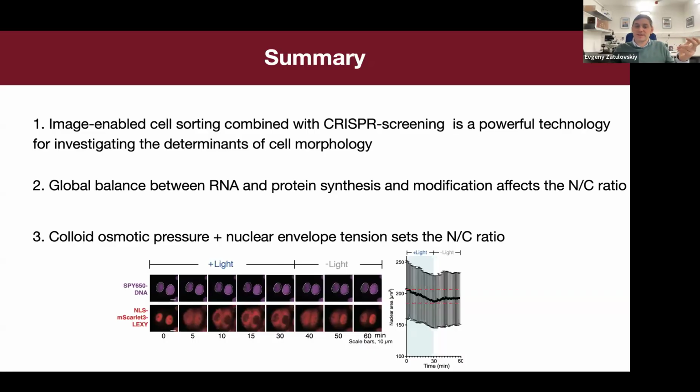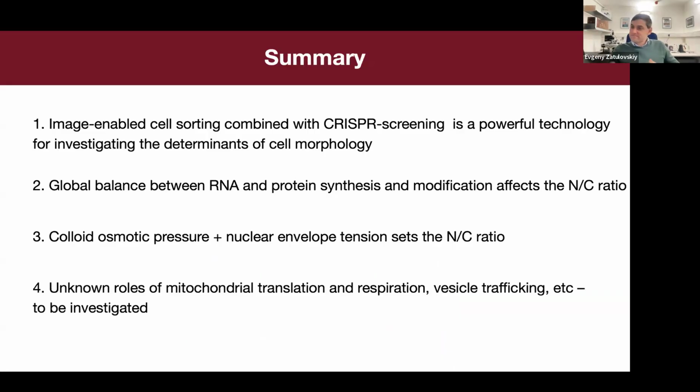And we can manipulate that by either knocking out some genes that control the macromolecule ratio or by changing the nuclear envelope tension. And last of all, we have a lot of unknown pathways there, such as mitochondrial translation and respiration, vesicle trafficking, and so on, that don't make perfect sense yet, but it's exciting to look at those things that don't make sense in the beginning.